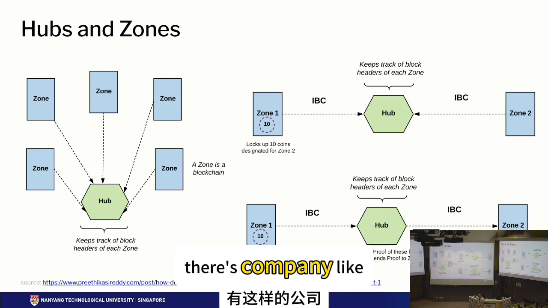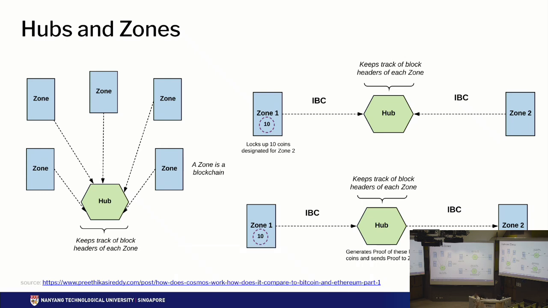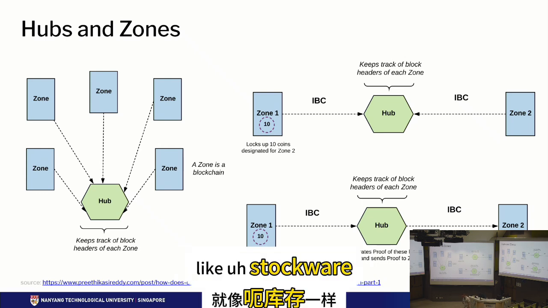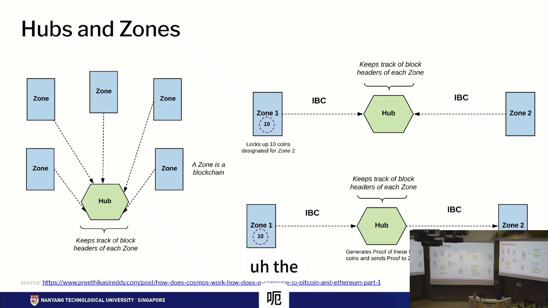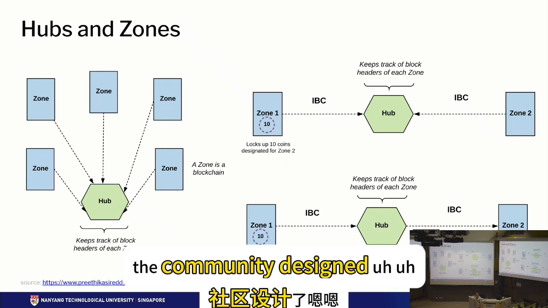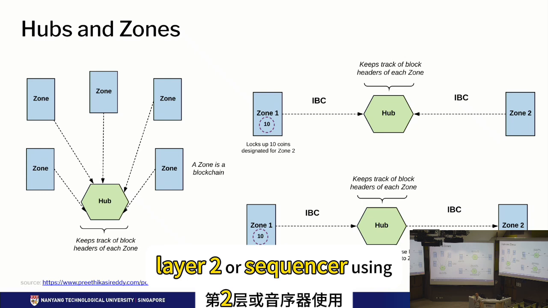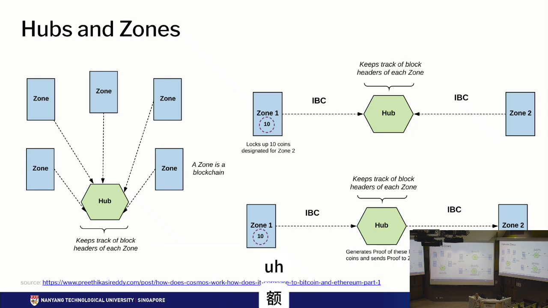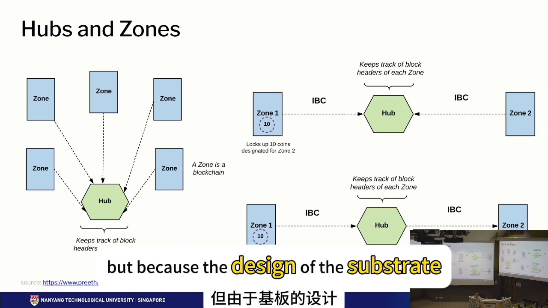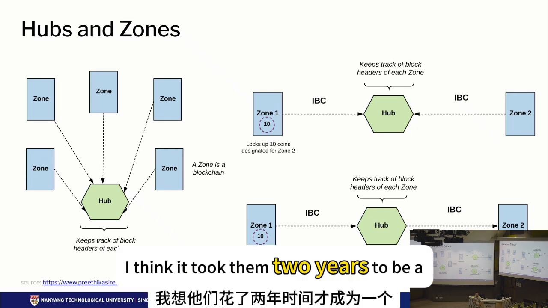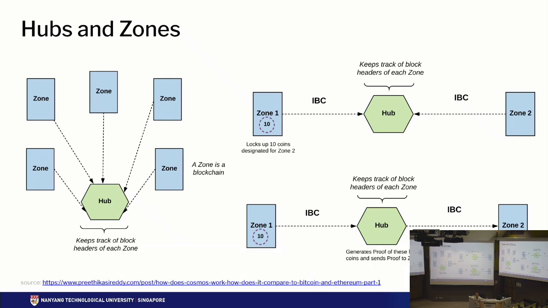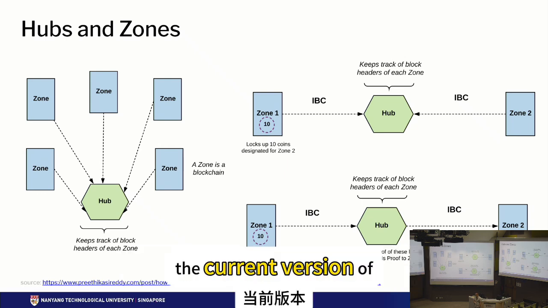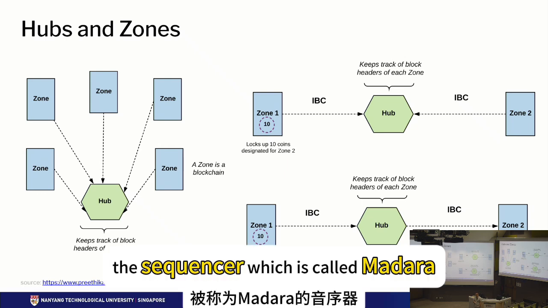There's a company like StarkWare, the community designed layer 2 or sequencer using Polkadot Substrate. But because of the design of Substrate, I think it took them 2 years to build the current version of the sequencer, which is called Madara.